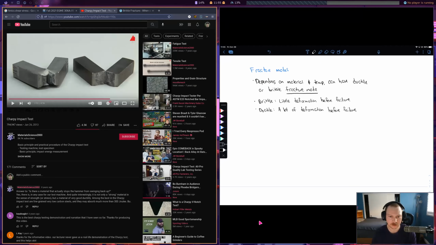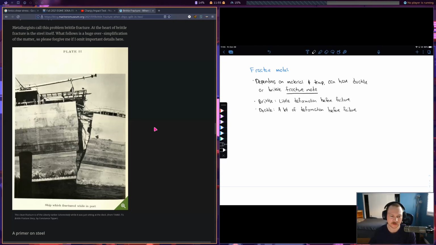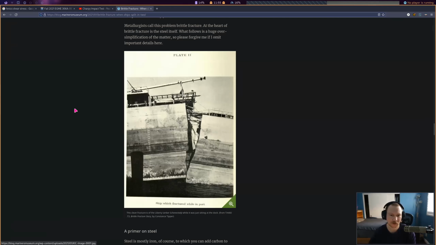And let's look at other pictures here that I just found before class. There's a whole little blog post this guy made on a lot of ships made of steel that have split into two, because all of these steel ships were in cold water, and then they start to behave like a brittle material, and they're literally doing nothing, just chilling out in the water.